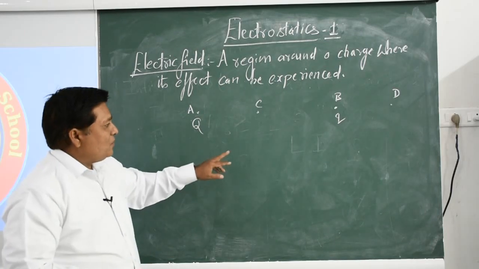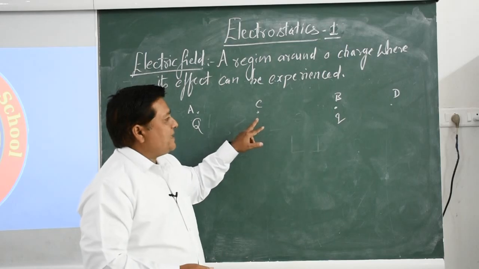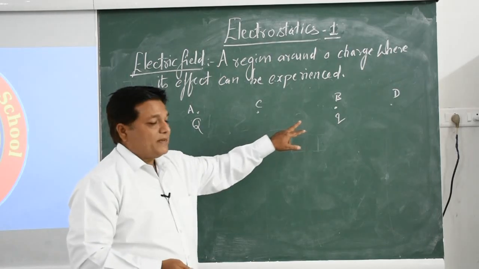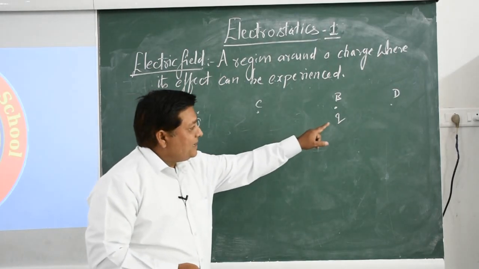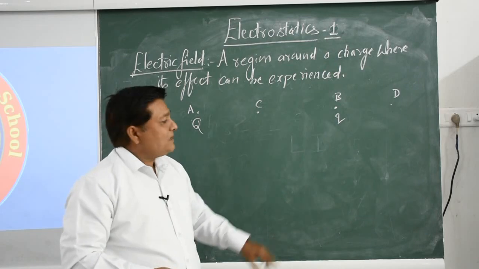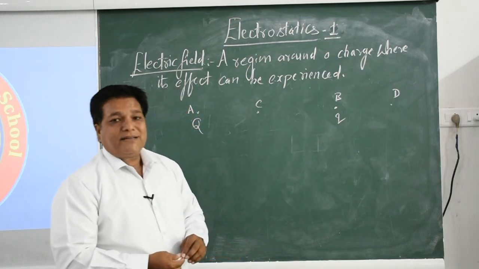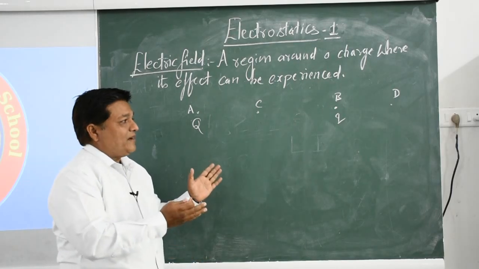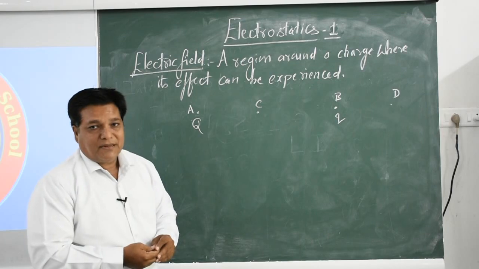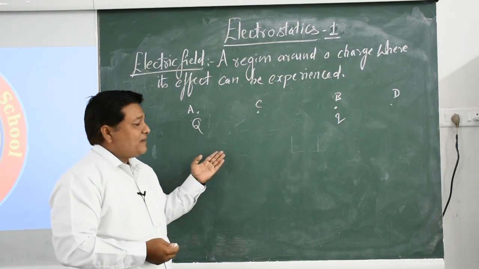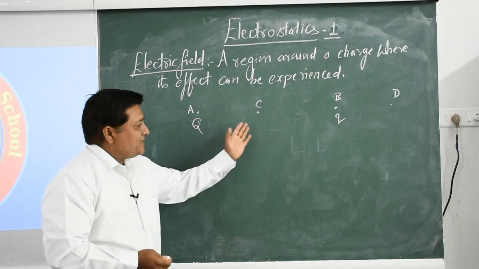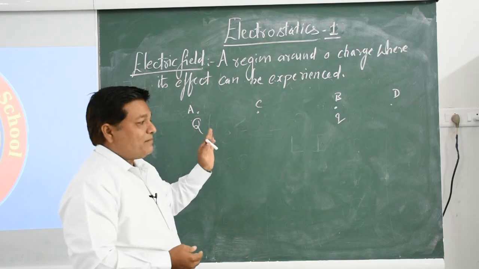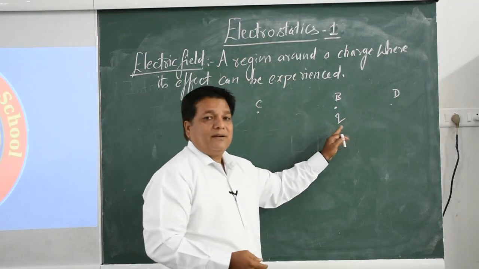But the force at locations B, C and D will be different. At C, it will experience more force. At D, it will experience less force than at location B. This is generally the intensity of electric field at different locations. At C, the intensity of field created by the source charge may be larger. At D, the intensity of field created by the source charge may be less for the test charge.